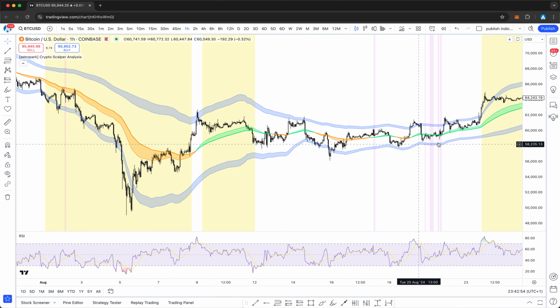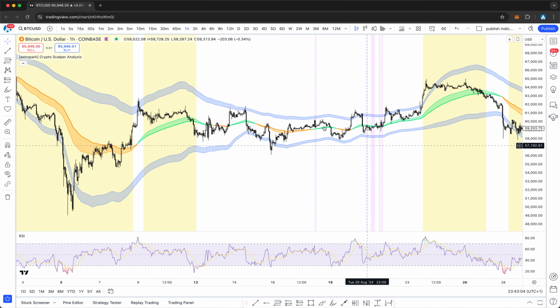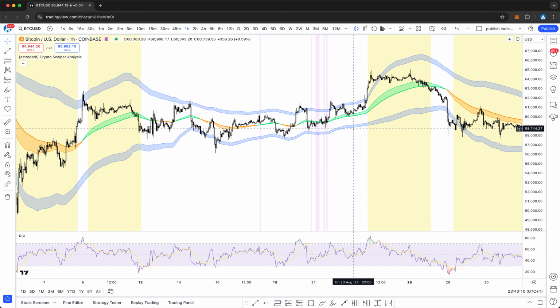Here the RSI is saying something. So you see tightness. RSI is saying something. It may be bullish, it may be bearish. I prefer to see also some trending.